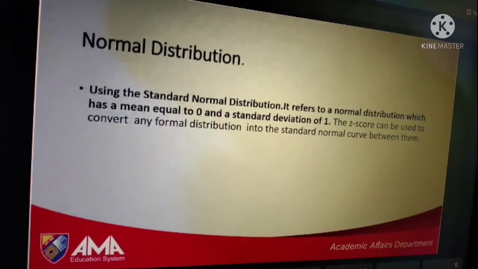So using the standard normal distribution, it refers to a normal distribution which has a mean equal to 0 and a standard deviation of 1. Normal yun. Now, the z-score can be used to convert any normal distribution into the standard normal curve. So, between 0 and 1 lang naman yan. Yun lang siya maglalaro.